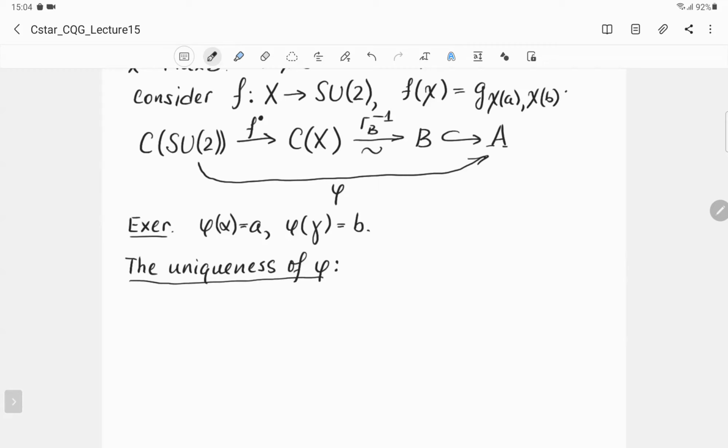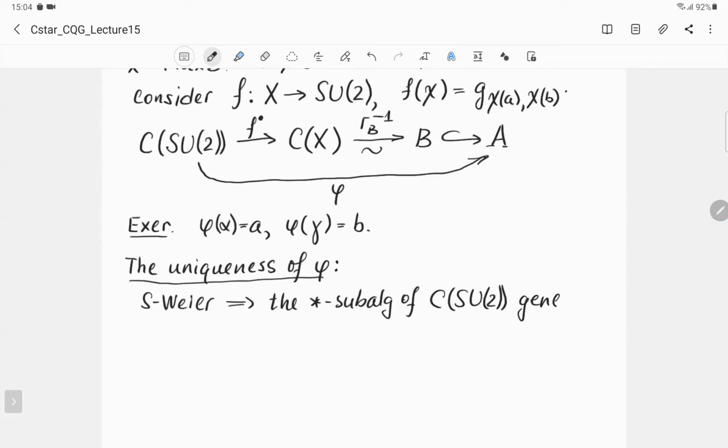Indeed, by the Stone-Weierstrass theorem, if we take the star subalgebra of the algebra of continuous functions on SU2 generated by alpha and gamma, it clearly separates the points of SU2, and so it is dense.